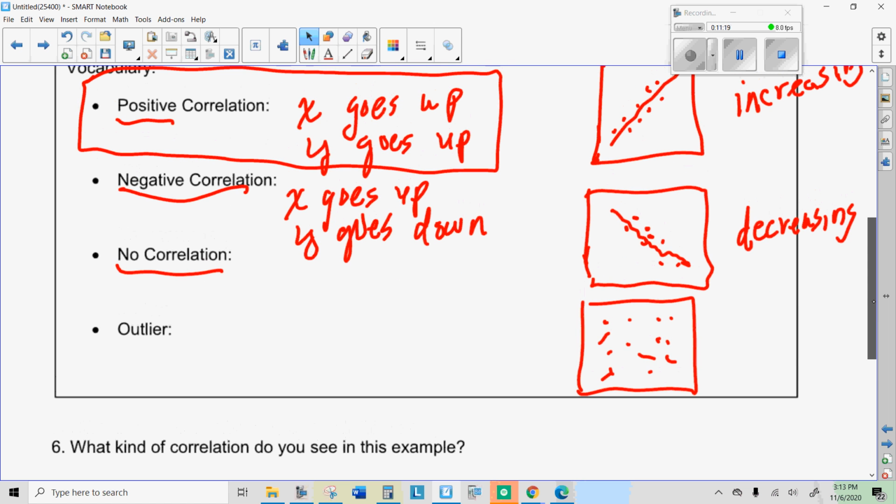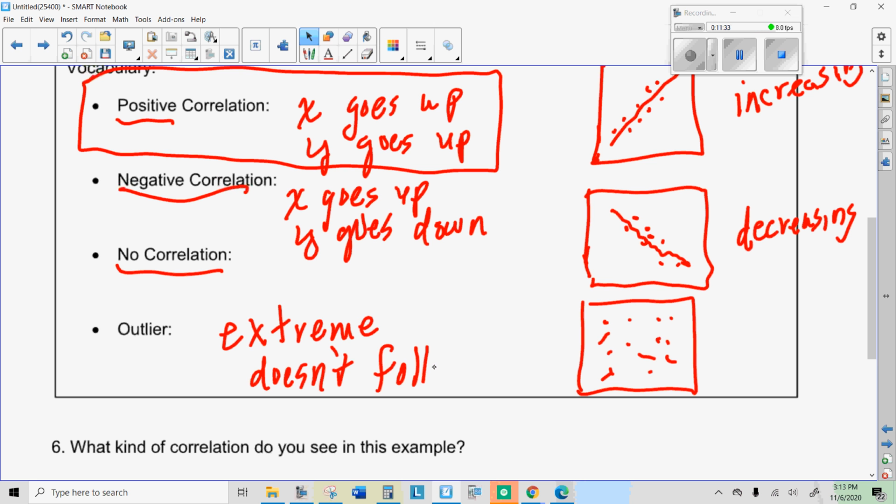Now, an outlier is just some data that is extreme, so it doesn't follow the trend. I'll put a point in so you can see what I'm talking about.